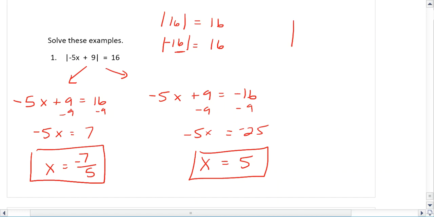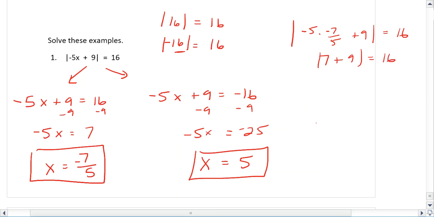So if we plug in the negative 7/5, I have negative 5 times negative 7/5 plus 9, and does that equal 16? Well, here the 5's cancel, and negative times negative is positive, so is 7 plus 9 16, and it is.